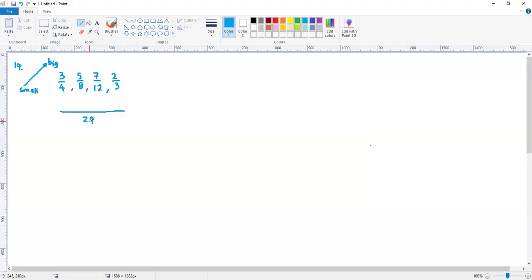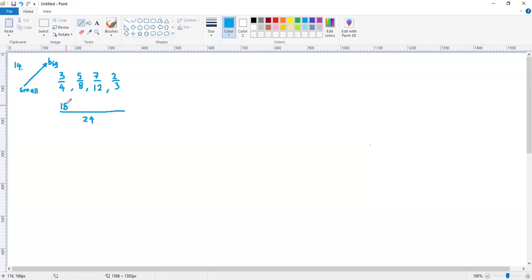That will go how many times? 4 will go into 24 how many times? 6, exactly. So 6 times the numerator, in this case 3, will give us 18.